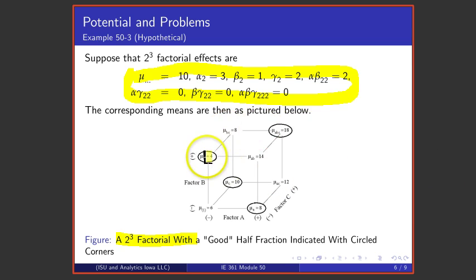I've circled here 4 out of 8 of those corners. That is, I've circled combination A, combination B, combination C, and combination ABC. Those 4 corners represent a half fraction of those 8 corners, and it happens to be a very good half fraction.